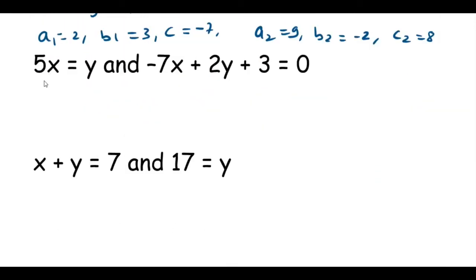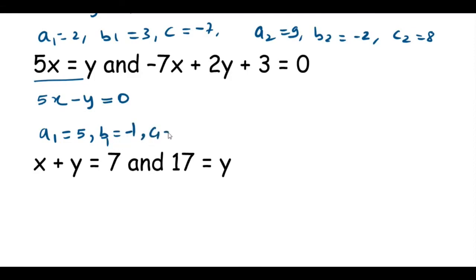Next, consider 5x = y and −7x + 2y + 3 = 0. So 5x = y can be written as 5x − y = 0. Compare this equation with a1x + b1y + c1 = 0. We have a1 = 5, b1 = −1 and c1 = 0.